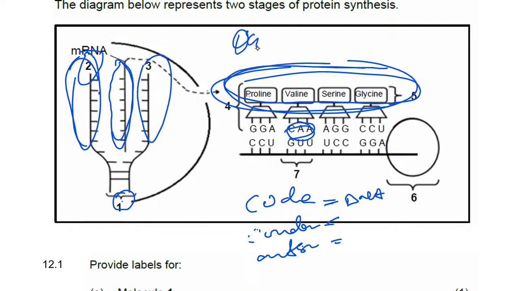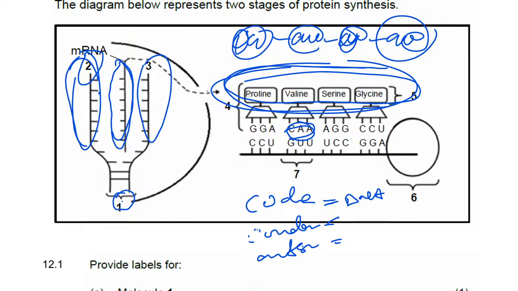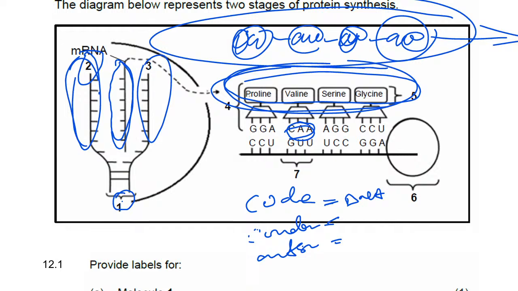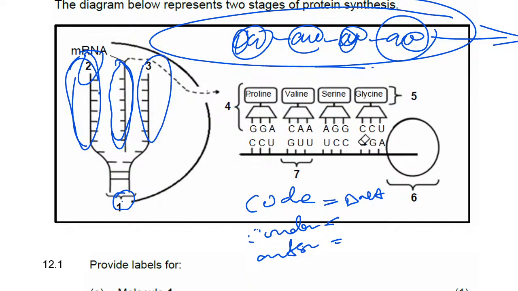One amino acid plus another amino acid plus another amino acid plus another amino acid, I join them together by a peptide bond. How do you call this structure? Polypeptide chain. We don't have any polypeptide bond. It's called a polypeptide chain.